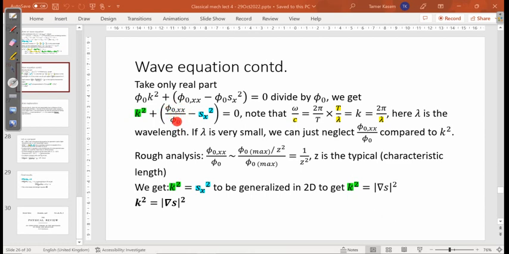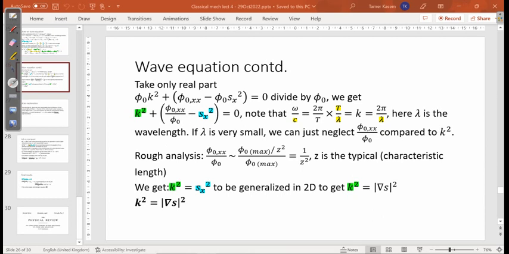Why? As a rough analysis, remember that phi node is simply proportional to the maximum value of phi node. Phi node xx is proportional to the maximum value of phi node divided by z squared. What is z squared? z is the typical or characteristic length. For example, consider the problem of light traveling along your room, the room you are sitting in.